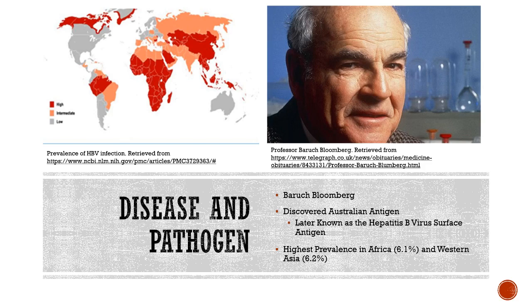His co-worker Harvey Alter eventually discovered a new antigen, and they named it the Australian antigen after the large amounts of samples taken from Australian Aborigines. The Australian antigen later became known as the hepatitis B surface antigen.